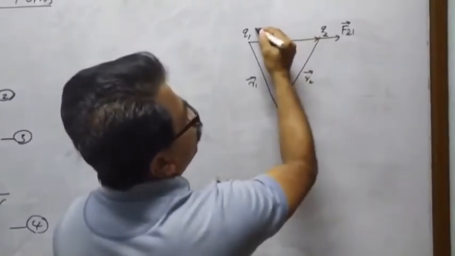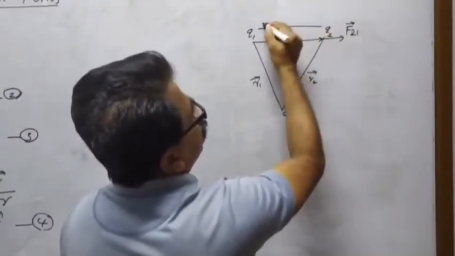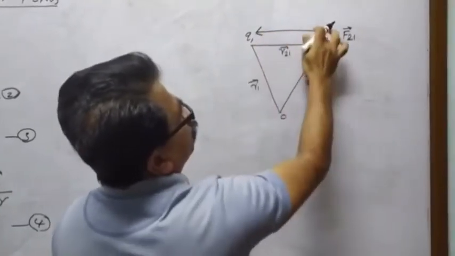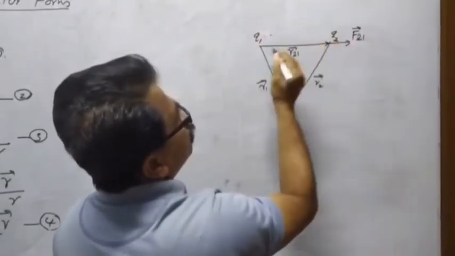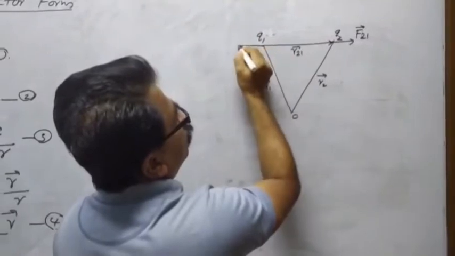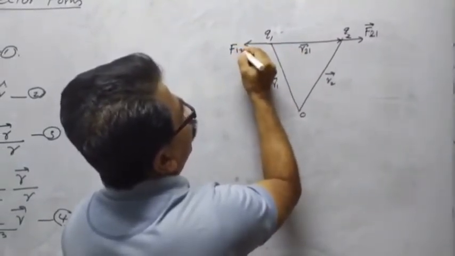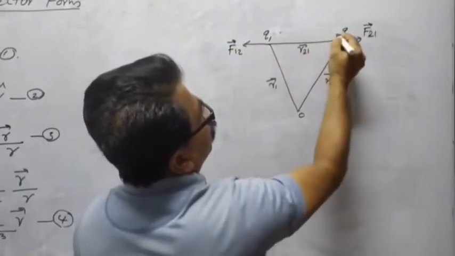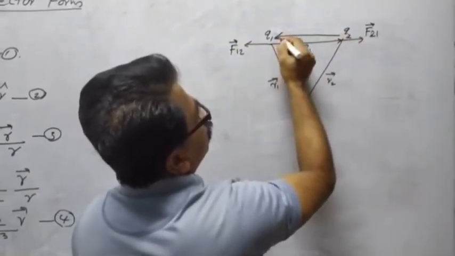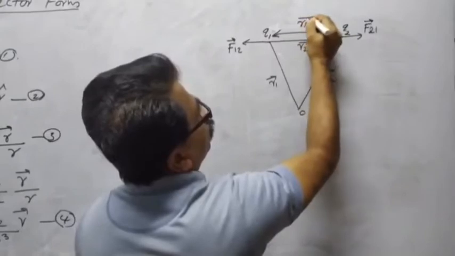Similarly, the force exerted on Q1 by the charge Q2 is represented by F12 and the distance is R12.